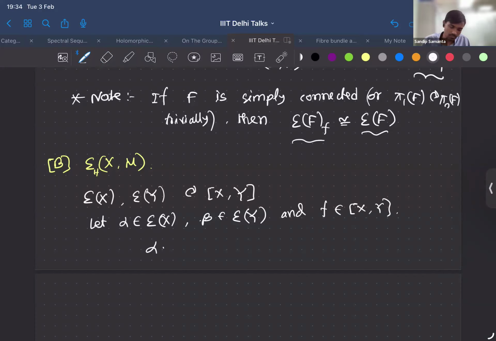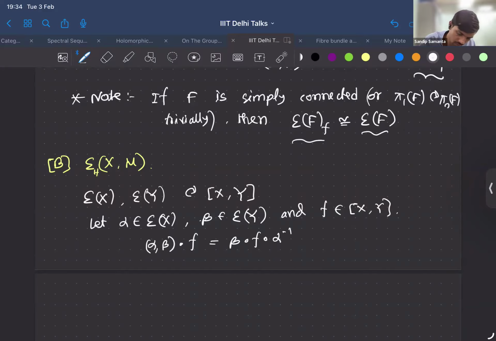Then alpha comma beta can act on the class of f as beta composed with f composed with alpha inverse.